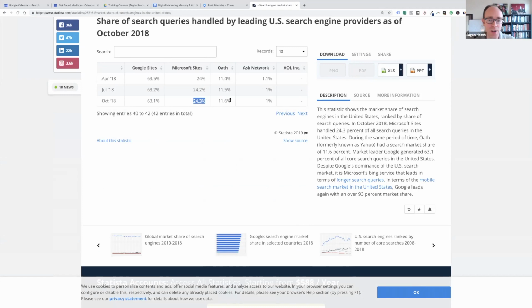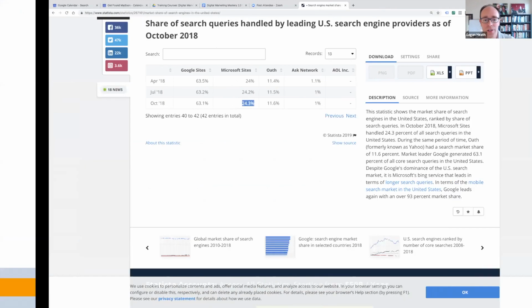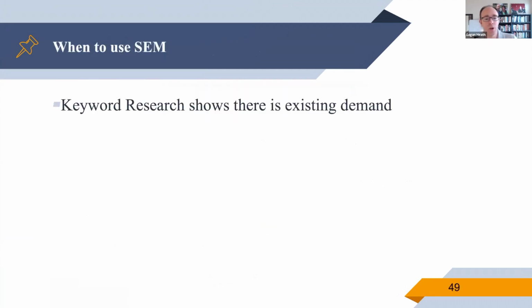Oath, by the way, is Yahoo, and that's just about 11%. So Google has really slipped, and Bing has come way up from about 10% to almost a quarter of search. So the answer is yes, they've been trending up. That's why I say don't forget about them. Particularly if you serve older clientele or people who are more likely to get Windows machines and use the defaults, yeah, you need to be paying attention to Bing. I've got to keep moving, but great question.